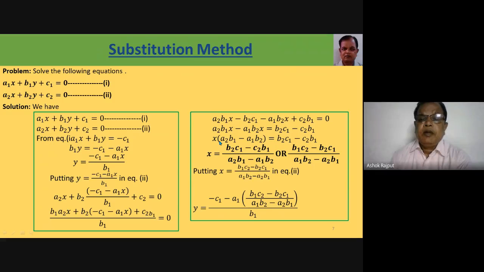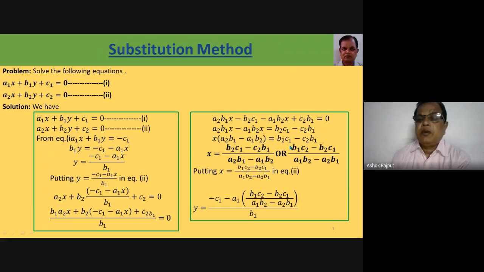Here we have taken x common, so here will remain a2b1 minus a1b2 in the bracket equal to b2c1 minus c2b1. Then we divide by a2b1 minus a1b2 because we want to find the value of x only. So x equals b2c1 minus c2b1 upon a2b1 minus a1b2.